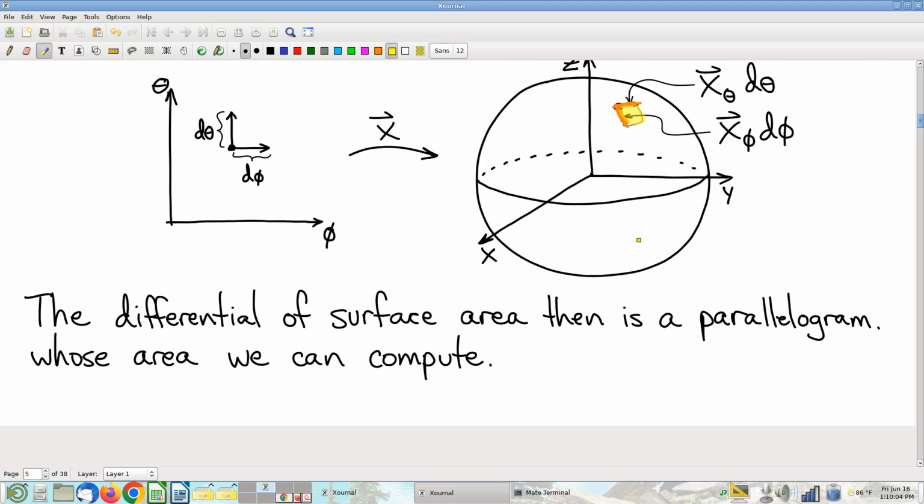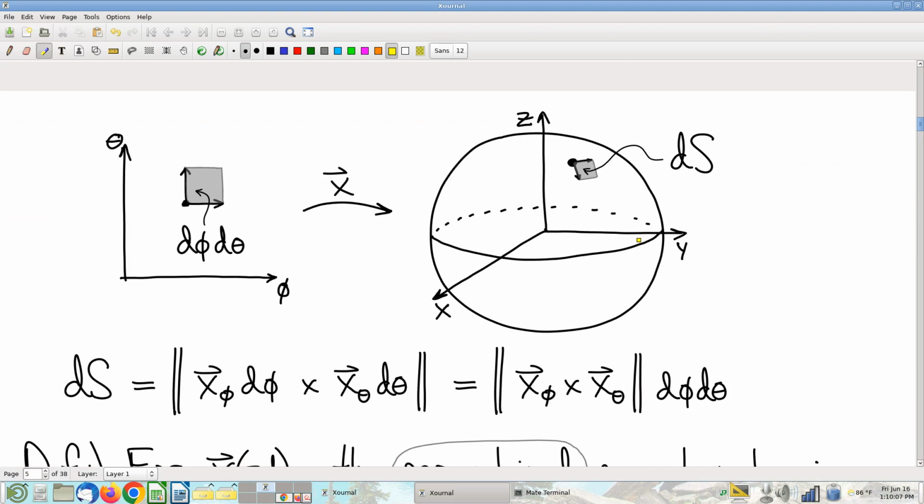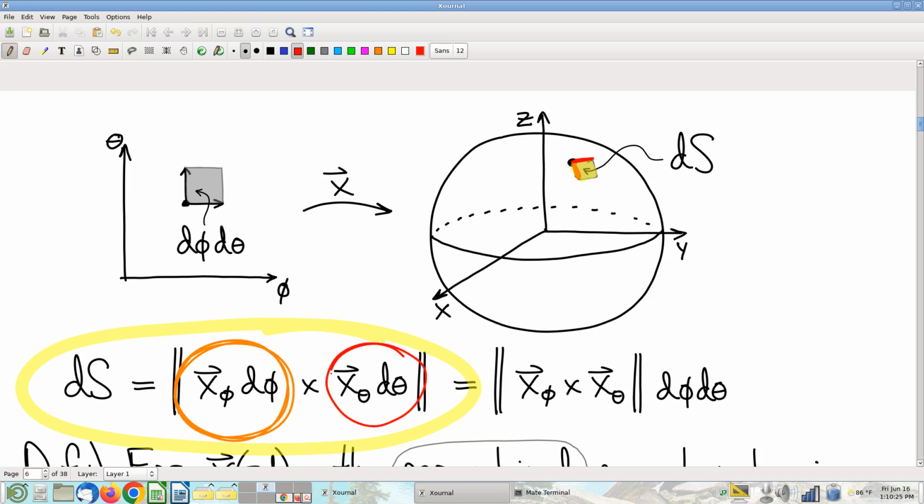So as seen below here, this little piece of surface area, I claim, is computed by this formula, where I'm going to take my two edge vectors, that one being that, for example, and this one here in red, just for color contrast, being this one. The area is the magnitude of the cross product. Yeah, so the magnitude of the cross product gives me that area. Is that cool?